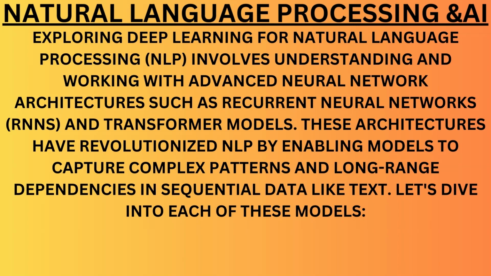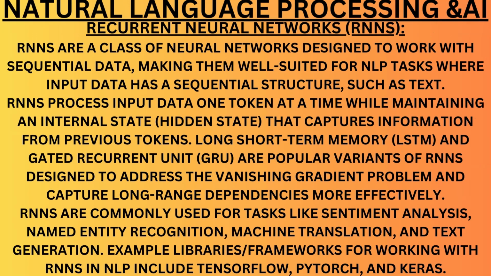Let's dive into each of these models. Recurrent neural networks (RNNs). RNNs are a class of neural networks designed to work with sequential data, making them well suited for NLP tasks where input data has a sequential structure such as text.